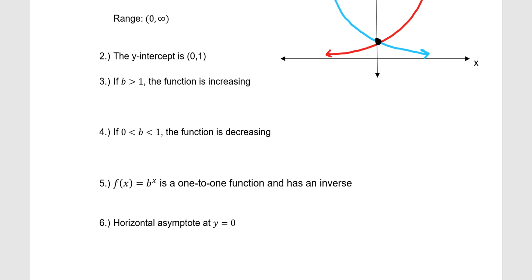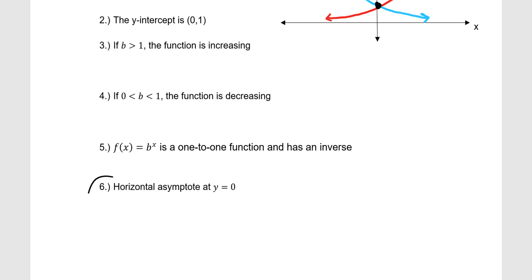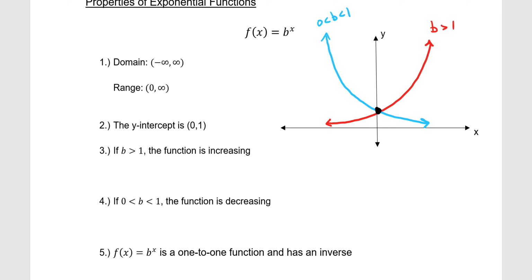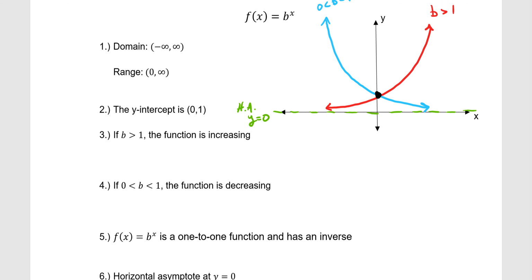And the last couple things here, there's a horizontal asymptote at y equals 0. So like I mentioned, there's technically a horizontal asymptote for these right here on the x-axis at y equals 0. So HA, horizontal asymptote. That's because it'll never equal 0, and it's never going to end up dropping down into the negatives.